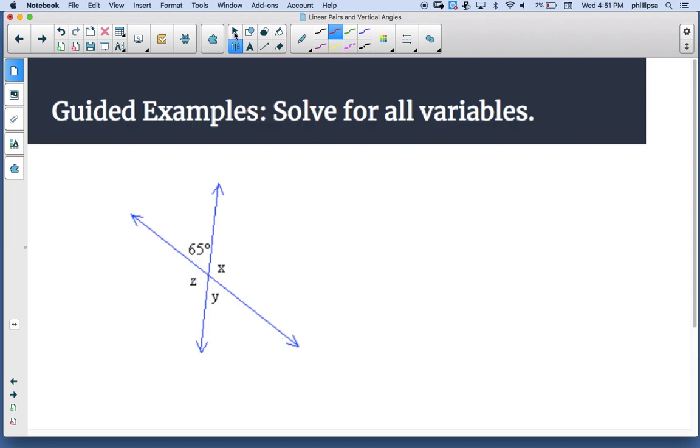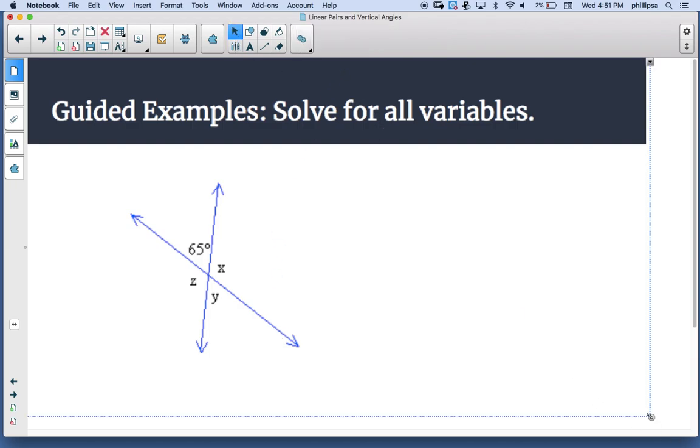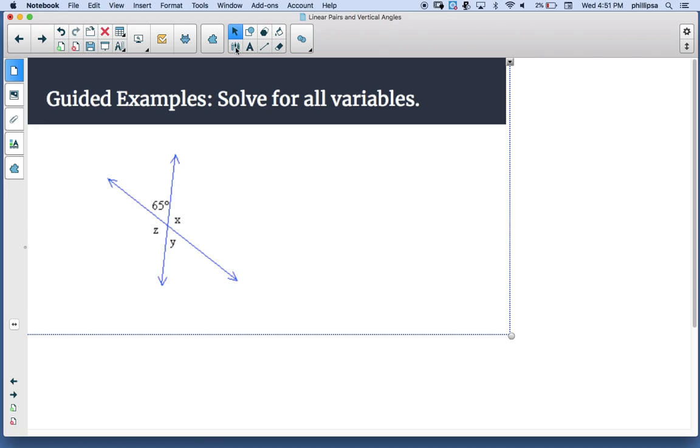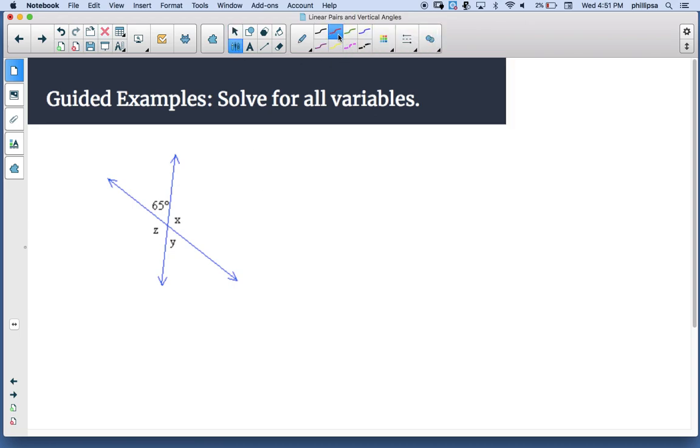So here I have 2 intersecting lines. I have quite a few different angles happening. I have a linear pair with the 65-degree angle and the angle that's labeled X. I know that because those 2 are adjacent. They share that red side.